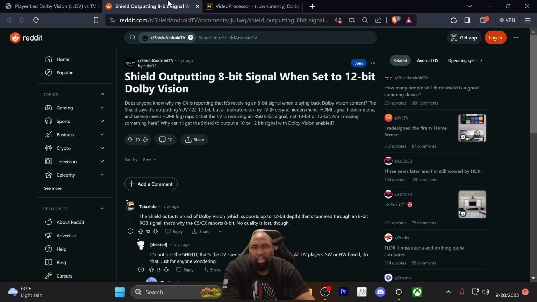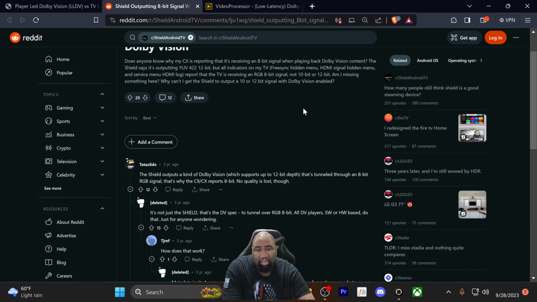But one thing that the Dolby Vision spec does include is something called RGB tunneling, which they do over 8-bit. Because it still meets the requirements and you're not really losing any quality, because once again, Dolby Vision is mastered in 12-bit, but we don't have 12-bit panels.